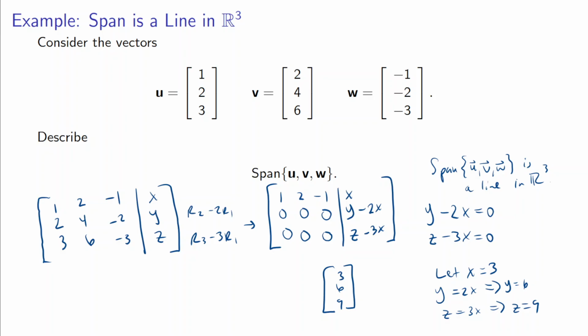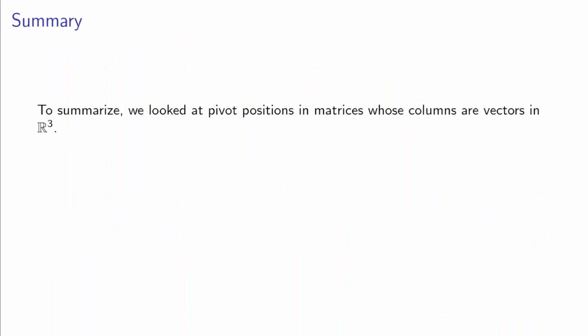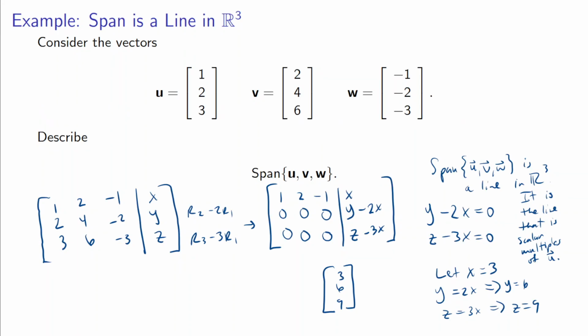Specifically, it is the line that is scalar multiples of U. So basically, or V or W, but I'll just take U for kind of simplicity here. So we scale that vector U, 1, 2, 3, and we get to all points in this span, which would give us a line.